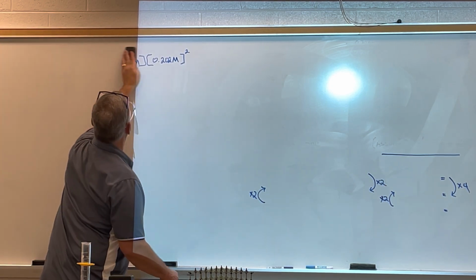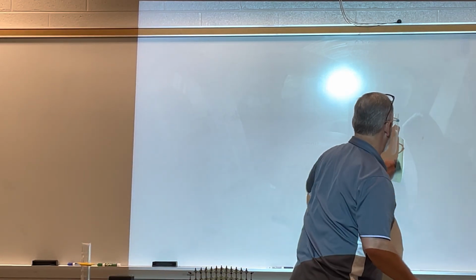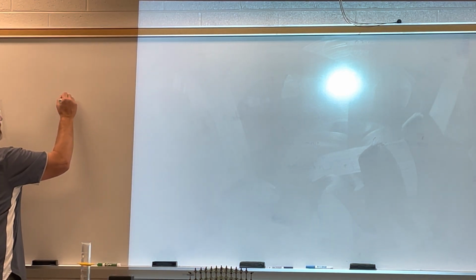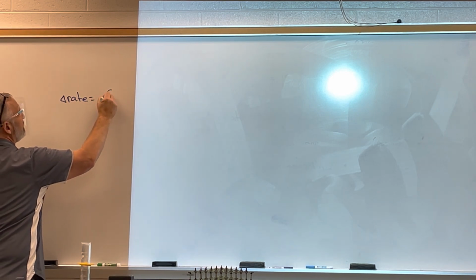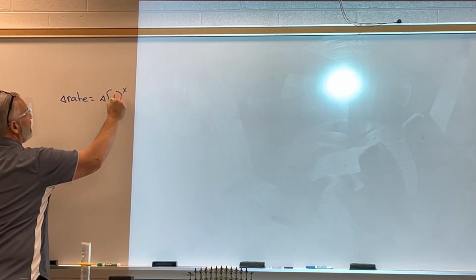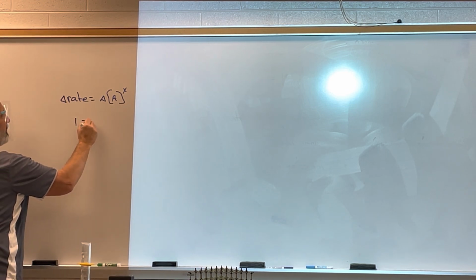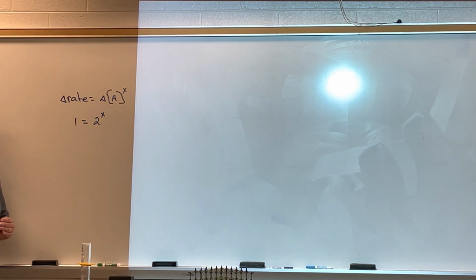So in other words, when I do my change in rate is equal to the change in concentration of A to some power X, if the rate changed by 1, but we changed the concentration twice. You double the concentration, but nothing happened to the rate. What would X have to be? 0. X has to be 0.